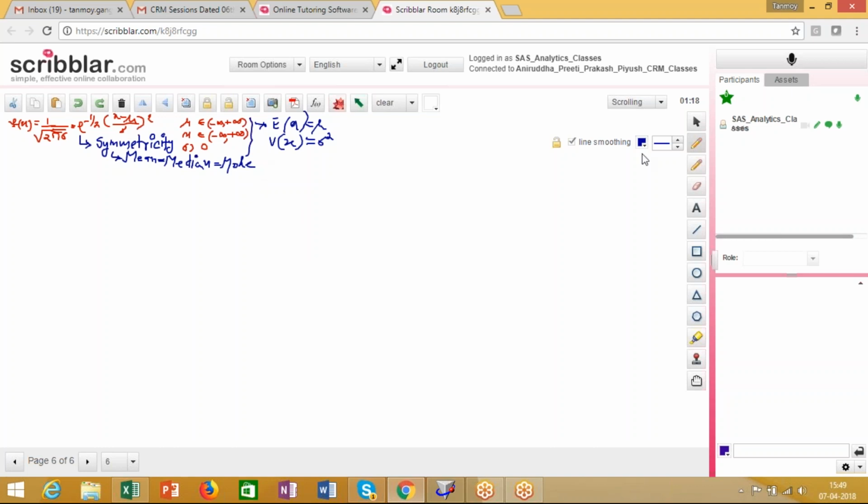Now, what I can say is that this is a kind of theoretical distribution which I have seen over here. So there is this distribution, and this distribution is called the normal distribution.